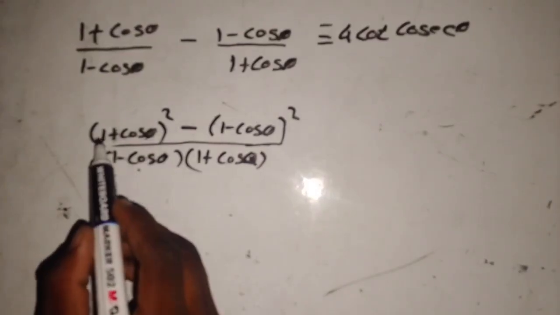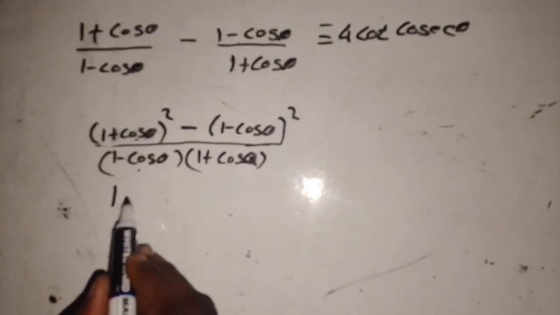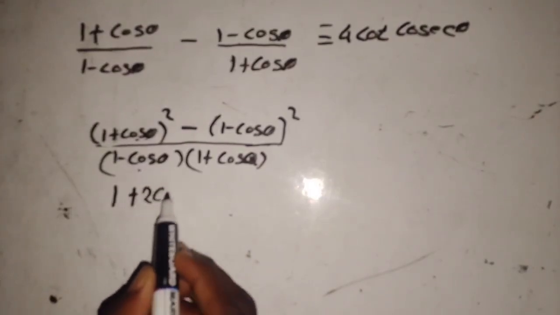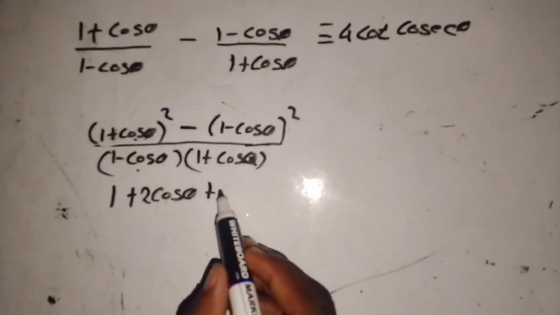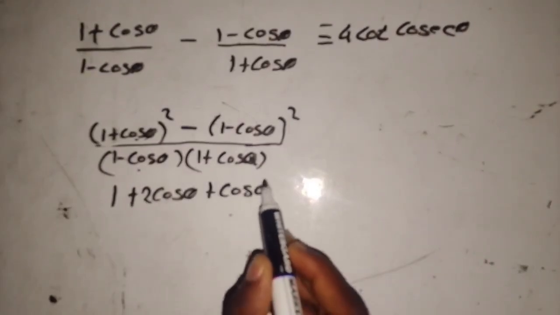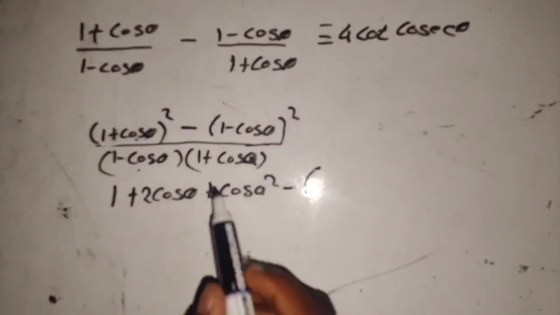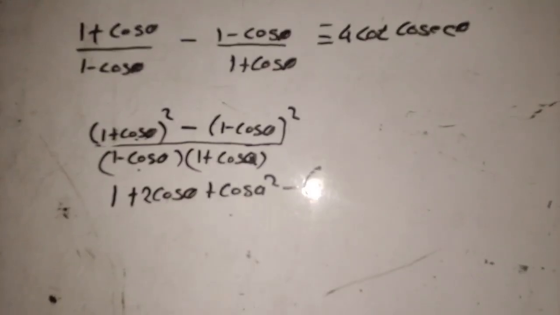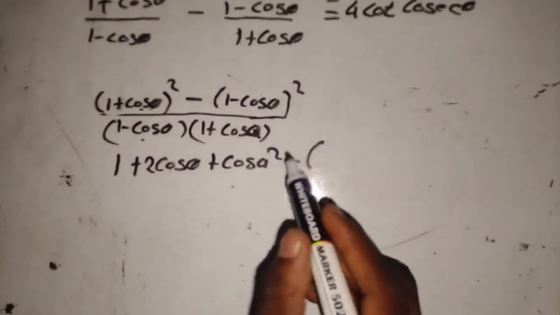Then 1 multiplied by cos theta gives you cos theta. Then cos theta multiplied by 1 gives another cos theta, so 2 cos theta, plus cos theta squared gives you cos theta squared.